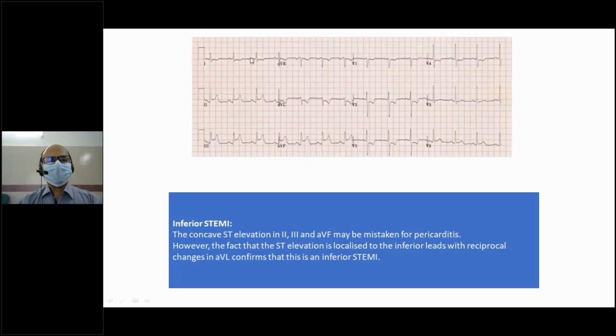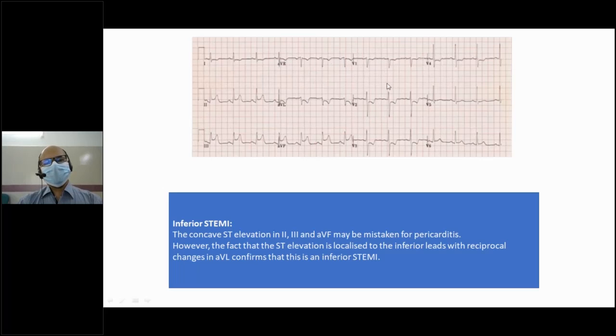In acute pericarditis, all leads usually show ST segment elevation with concavity upwards, and the ECG shows global changes, not restricted to any particular pattern, with ST depression in aVR.